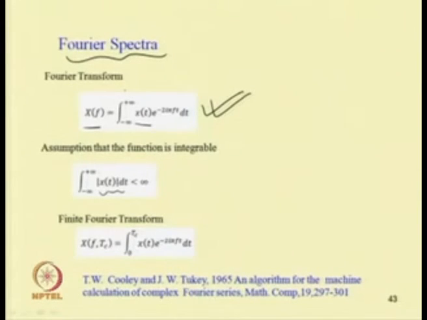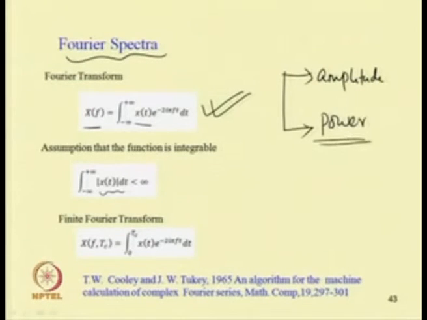In case of the Fourier spectra, either one can use the amplitude spectra or the power spectra to represent the motion of the system in the frequency domain.